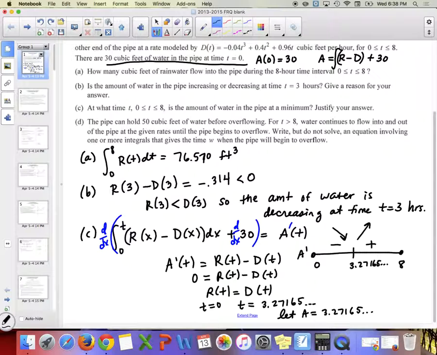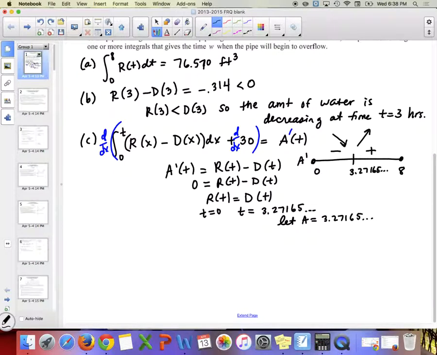So we need to justify our answer somehow. So we can do that. We don't just leave the chart, we have to say what's happening. And we would say something about A prime is less than 0 on 0 to 3.27 whatever, and A prime is greater than 0 on the other part.